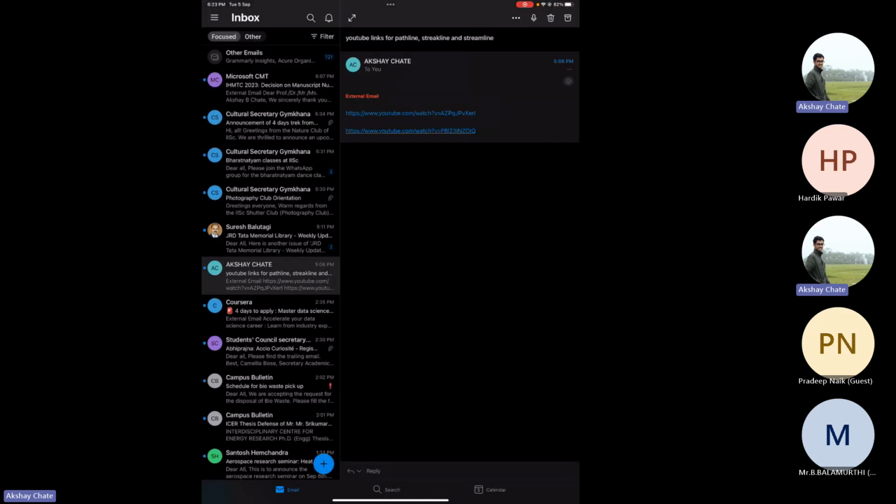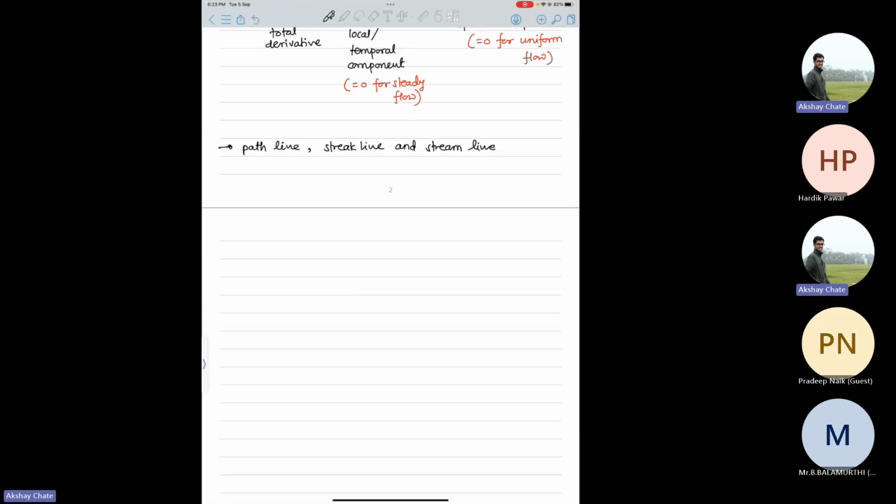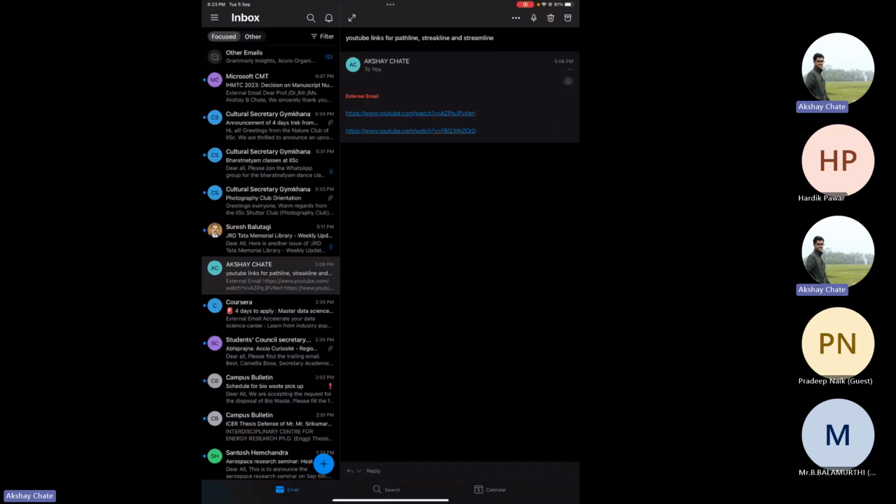So if you are interested in seeing how to solve any problem based on path line, streak line, streamline, you can do that. Let me just see if I can paste that link here. There should be an option of pasting, right? So the link is here.